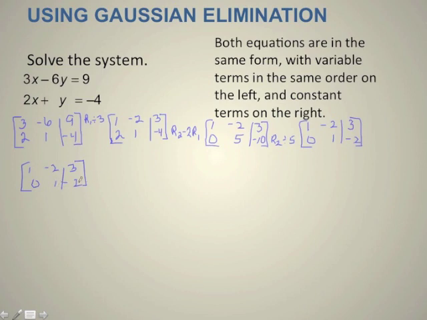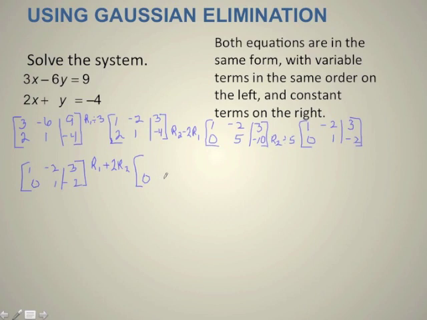Now I want to use row 2 to get this to be a 0 in row 1. To do that, I'm going to take row 1 and add 2 row 2s, since 2 and a -2 will give me the 0 that I need.